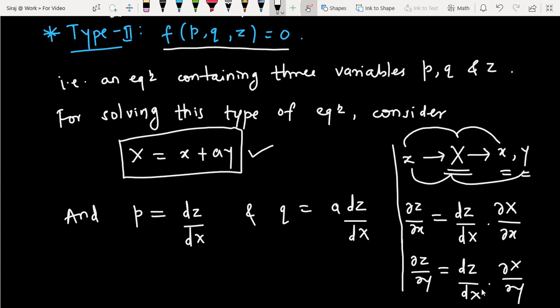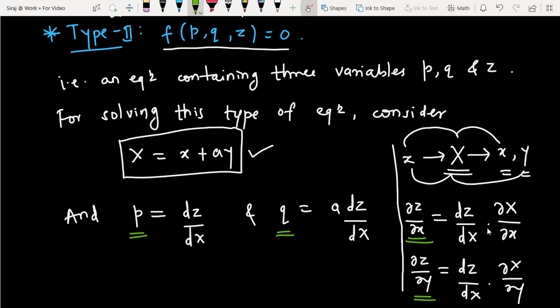So by using the rule of transformation of independent variables, we can get these values del z by del x and del z by del y. Now we know that del z by del x, which is written here on the left hand side, is nothing but p, and del z by del y is nothing but q.